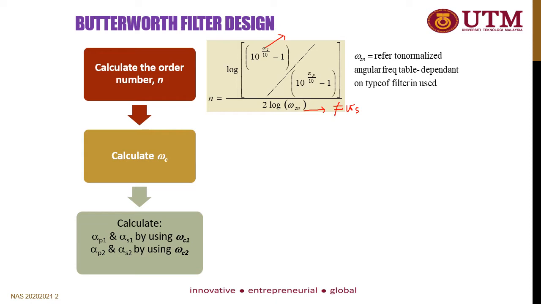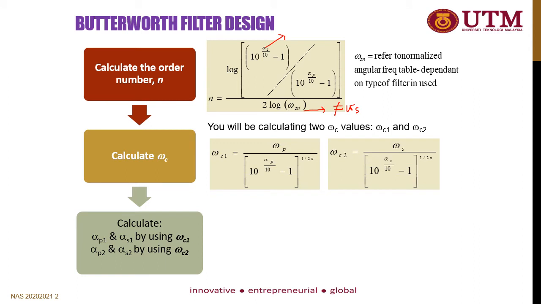Next, you need to calculate omega c. As mentioned earlier, there will be two omega c values in Butterworth filter design, and then you need to validate with alpha p and alpha s, or the passband gain and stopband gain, in order to decide which omega c to be used in the final design.